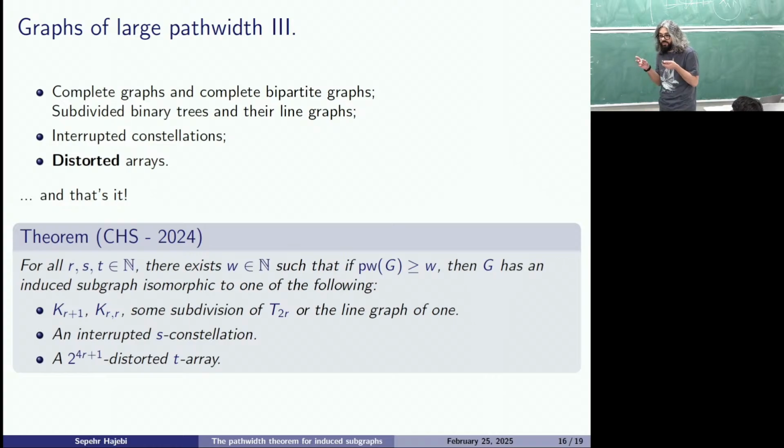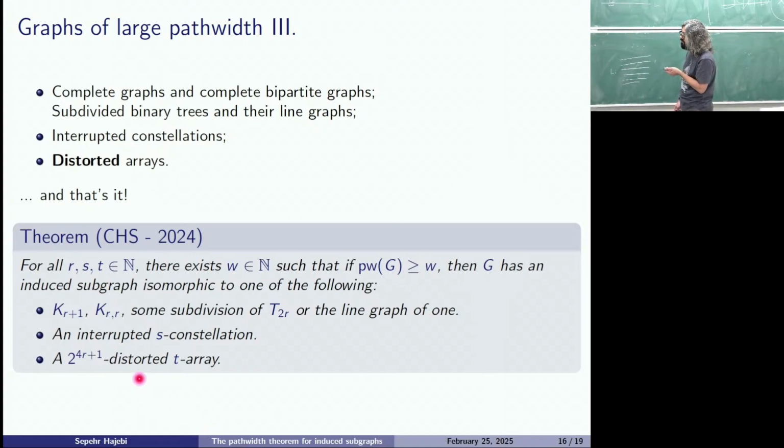And the distortion is this neat function of the size of the basic obstruction you exclude at the beginning. So what you have to take into account here is that the distortion does not play any role whatsoever in the magnitude of the pathwidth here. I mean, you should think of T to be massively larger than R or any function of R.